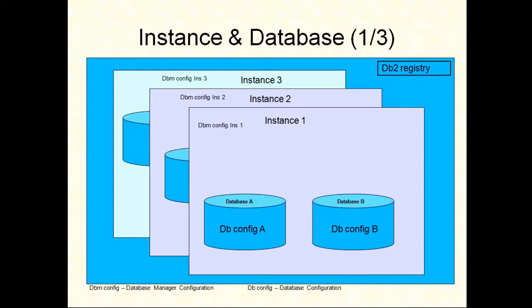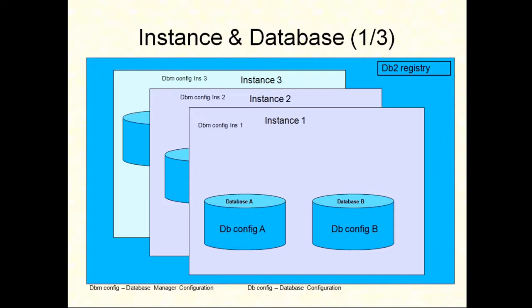I have 3 instances in this box. Let's assume this is a server, and on a single server I can have multiple instances: instance 1, instance 2, and instance 3. Each instance can have multiple databases.